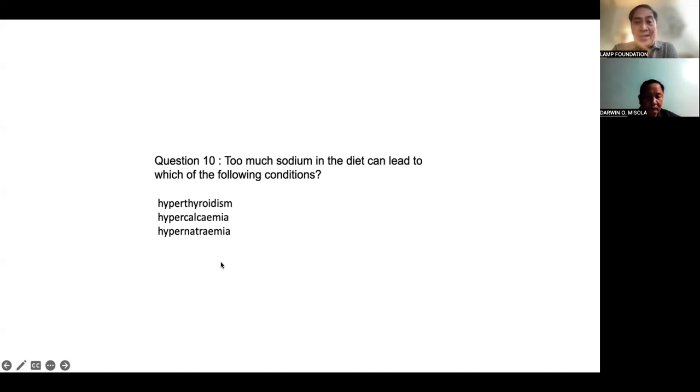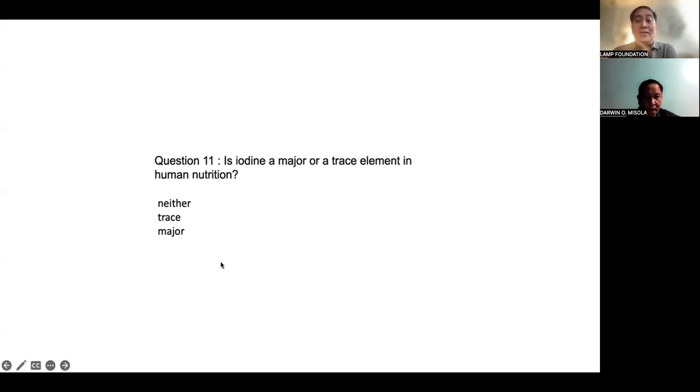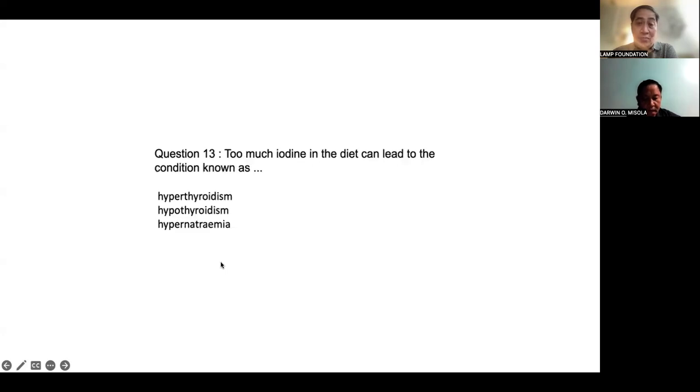Too much sodium in the diet can lead to hypernatremia. Is iodine a major or a trace element in human nutrition? A trace element. Which of the following foods is a good source of iodine? Seaweeds. Too much iodine in the diet can lead to hyperthyroidism.